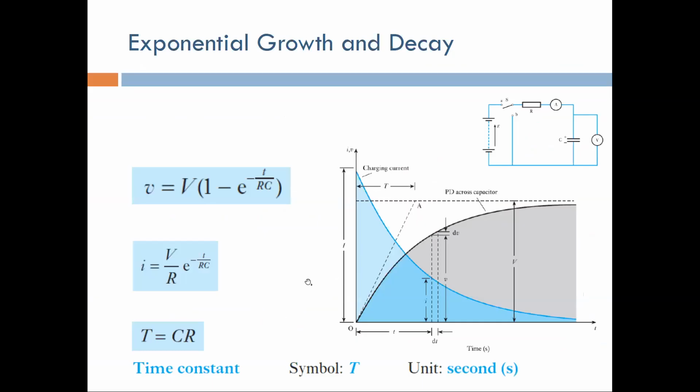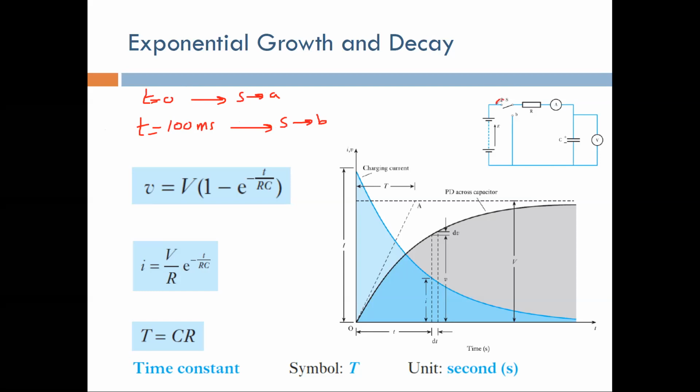So basically what we're going to do here is see a lot of examples of that sort. There are problems where you switch this to position A at the beginning at t equals 0, and after a while, you switch to position B. For example, if I told you that at t equal to 0, the switch is at A, and at t equals 100 milliseconds, the switch was changed to B, what's going to happen here?